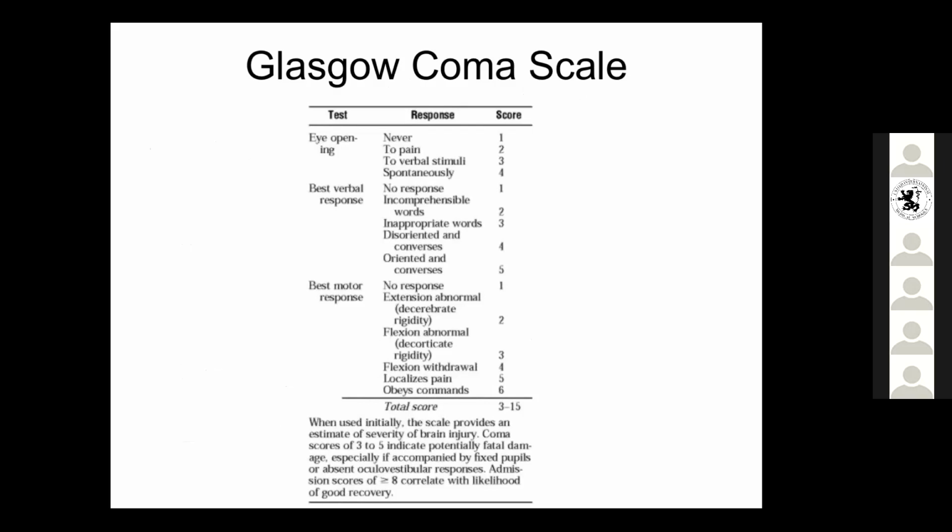The total score can be from 3 to 15. The maximum is 15 and the minimum is 3. A patient would need to be admitted to the hospital if the Glasgow Coma scale is below or equal to 8, because then the patient has a likelihood that their brain is injured, and we would need to further evaluate them.